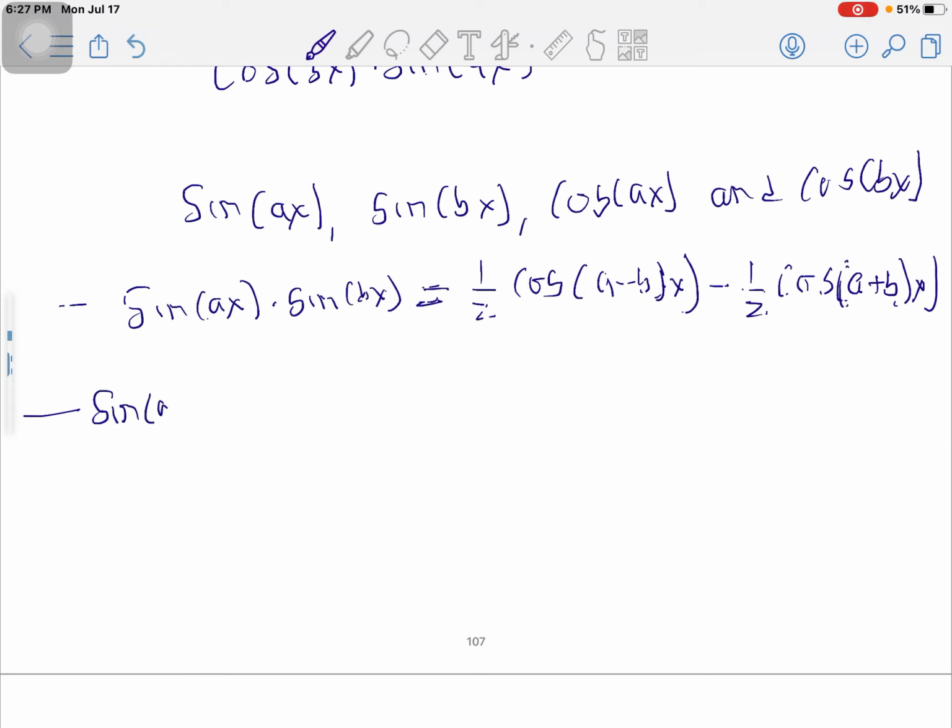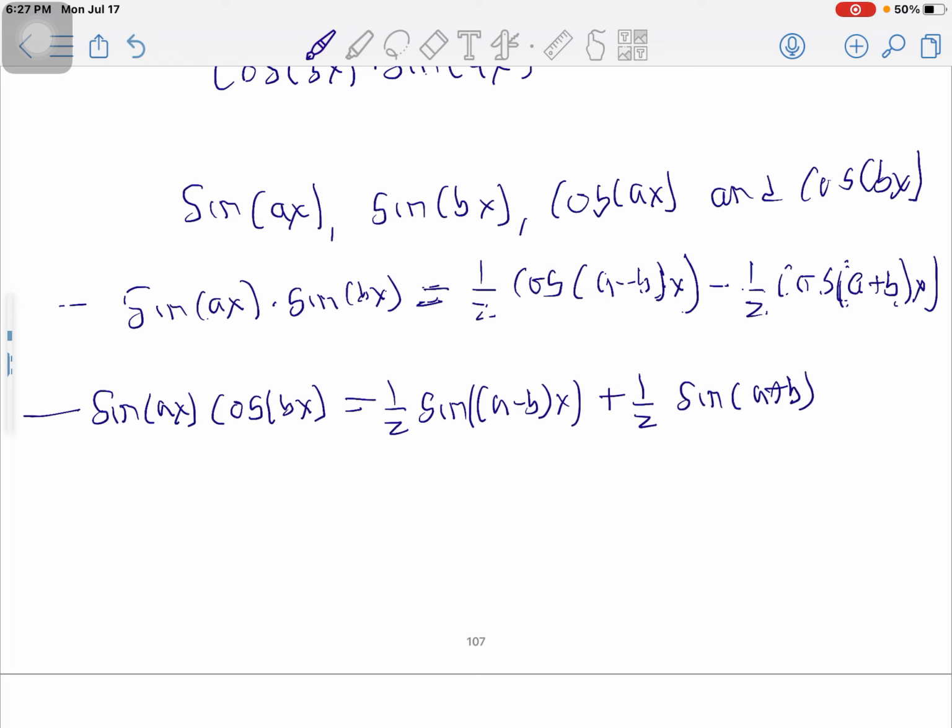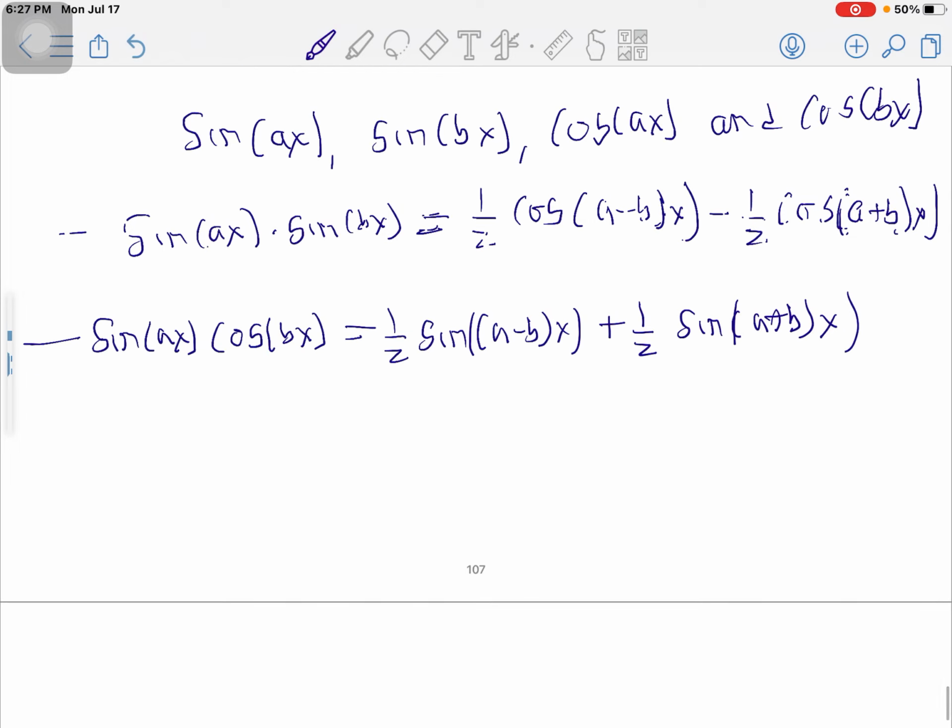Let's take the other one also. The other one involves sine of ax multiplied by cos of bx, which is equal to 1/2 sine of (a minus b) times x, plus 1/2 sine of (a plus b) times x.